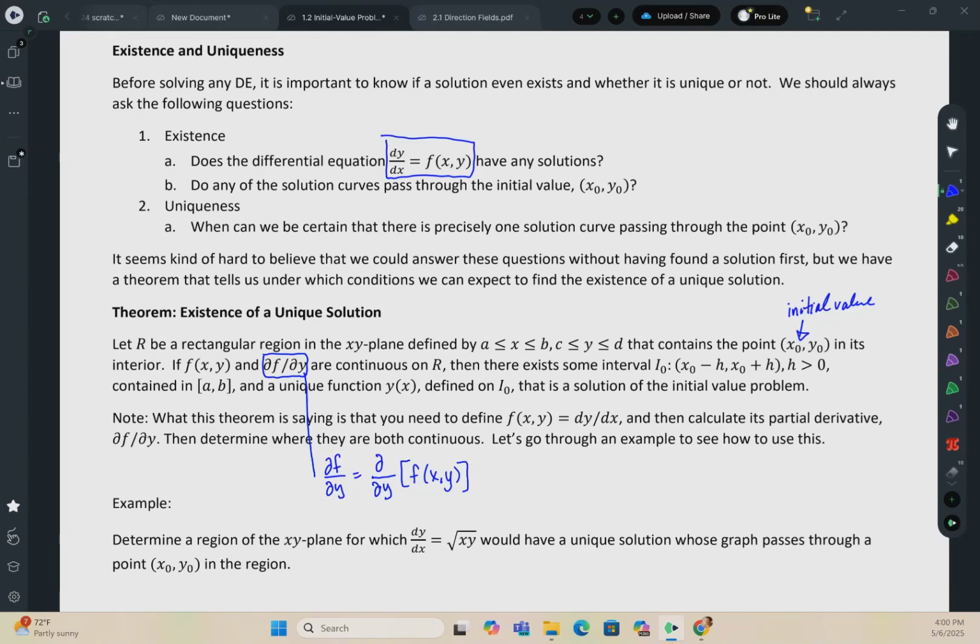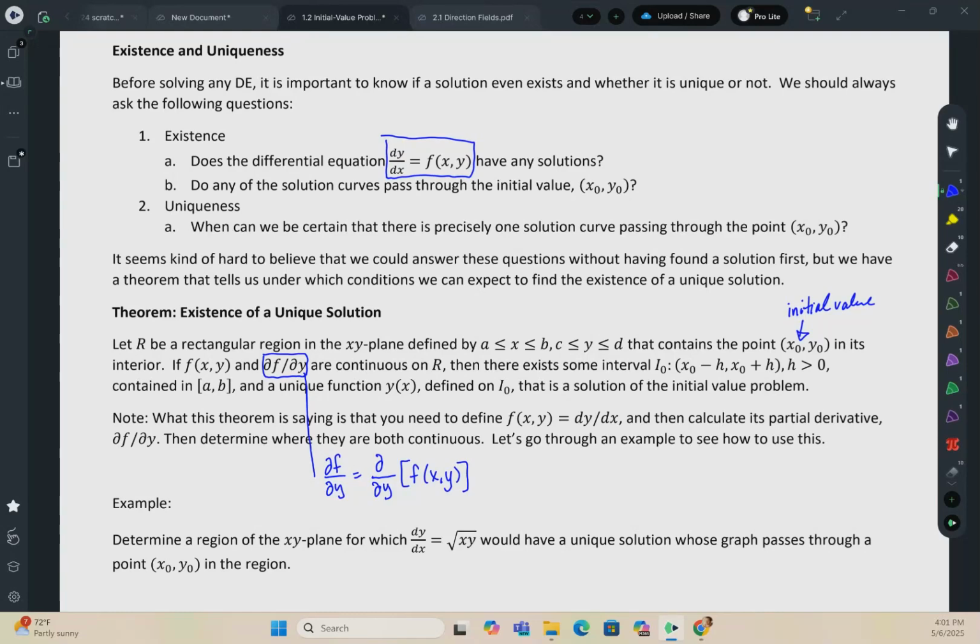And if we can, then there will exist some small interval contained within the bounds of x, and a unique function that is defined on the interval and is a solution of the initial value problem. Okay, so that's still probably really confusing.